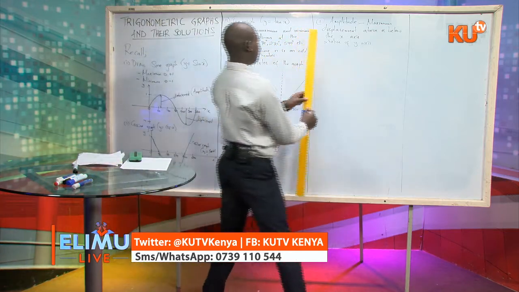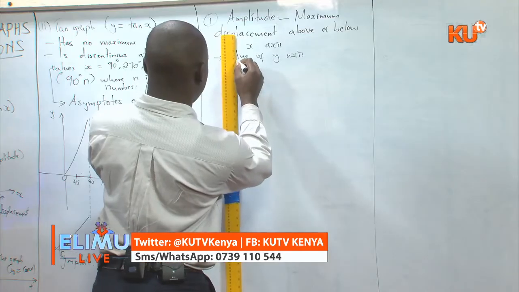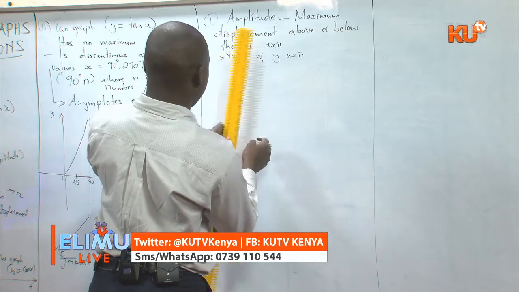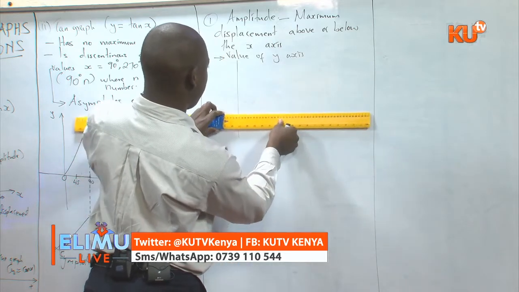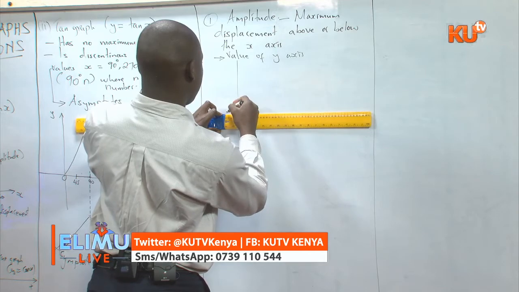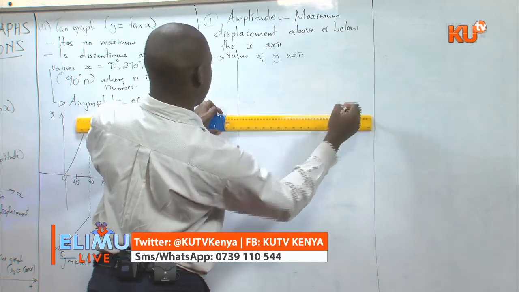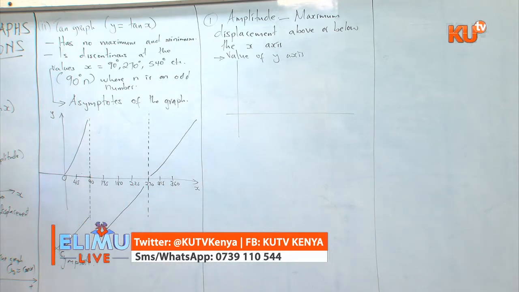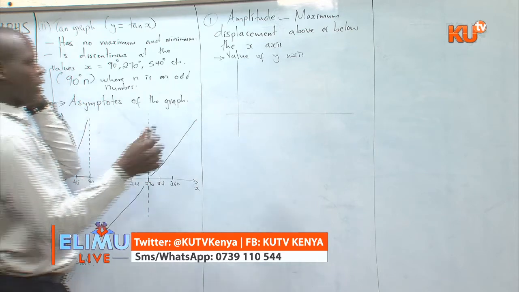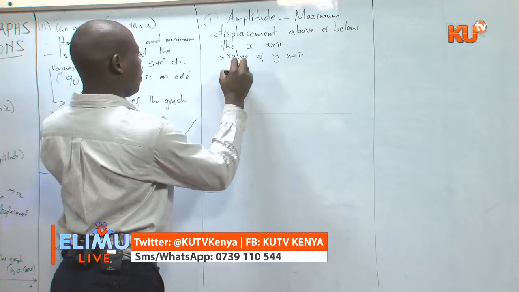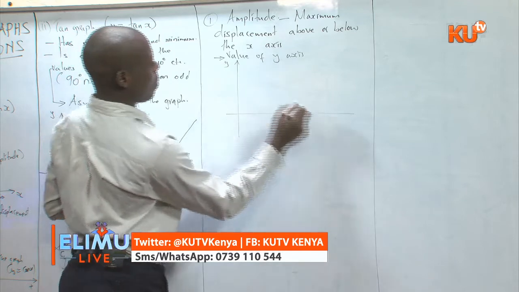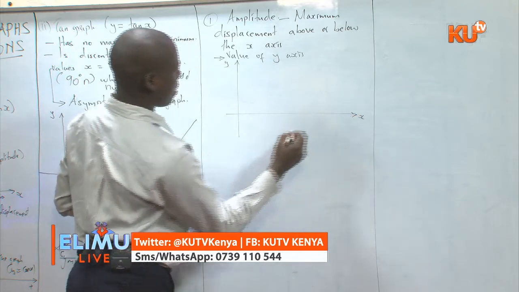If we can draw a sketch of a wave, this is what will happen. Ensure that your lines are very straight. So we have this as the y-axis, and this is the x-axis.